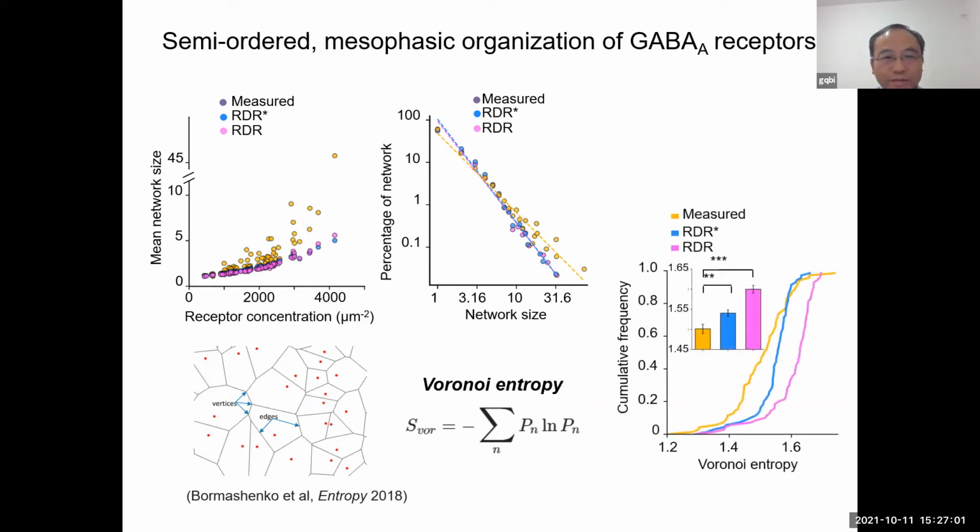He found that this entropy is smaller than the random distribution, but much larger than expected from a crystal structure. If it's a two-dimensional crystal, it should be very small. If it's a hexagonal lattice, it should be less than 1 or 0.5. But it's actually 1.5-something. If it's truly random, it should be 1.7. So we call this a semi-ordered mesophase organization.